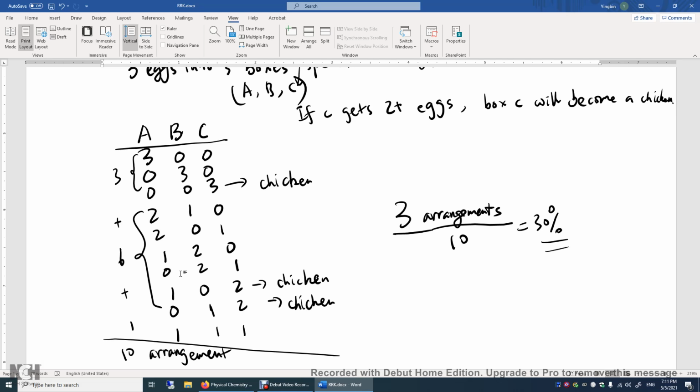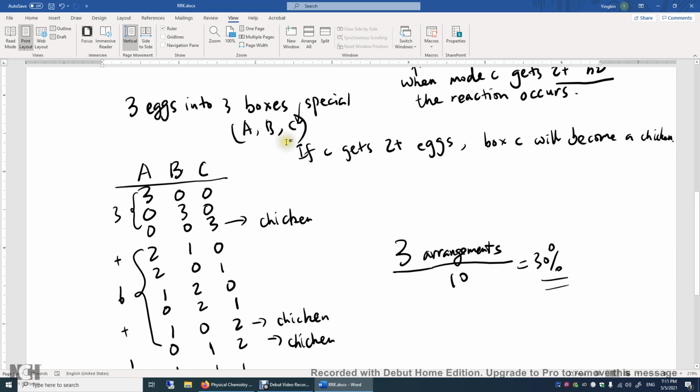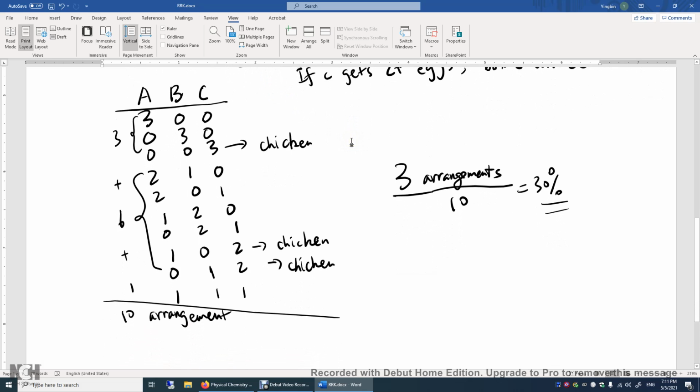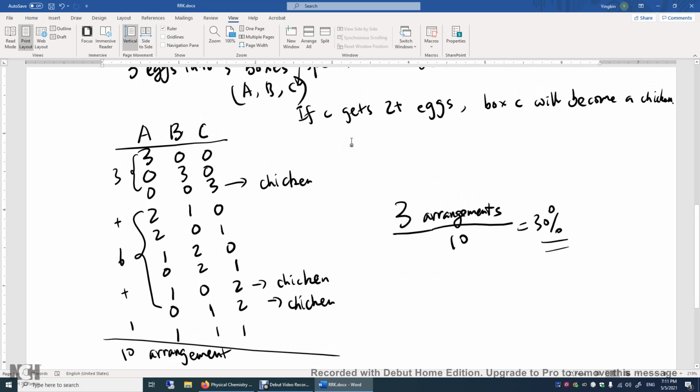So we need a more schematic manner to calculate the number of arrangements that result in the reaction succeeding, and also the total number of arrangements, so that we can calculate the probability. So how do we do that? We'll still use this example, 3 eggs in 3 boxes, but this time I'm going to draw 3 eggs and 3 boxes.